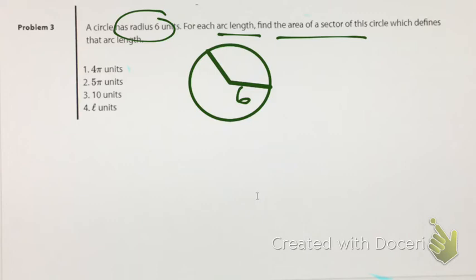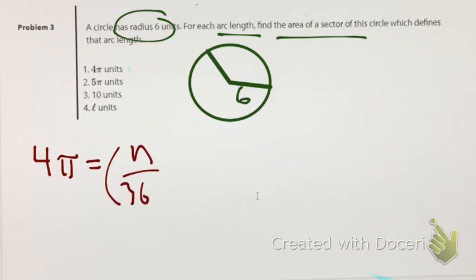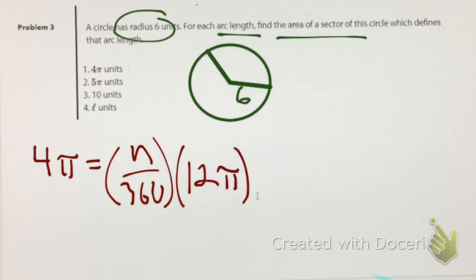So let's go with, if that arc length is 4 pi, well, that's going to equal the angle over 360 times, now the radius of the circle is always 6, so it's, oops, I almost put a 6 in there. It's actually 12 pi. It's pi times the diameter. So this is going to be the same for all of these things. The only difference is that this over here on the left is going to change each time.